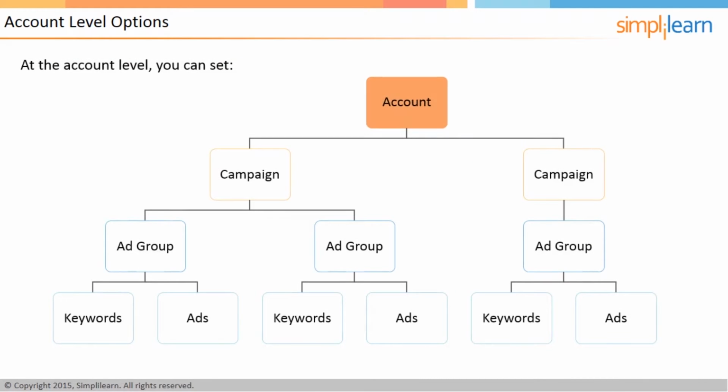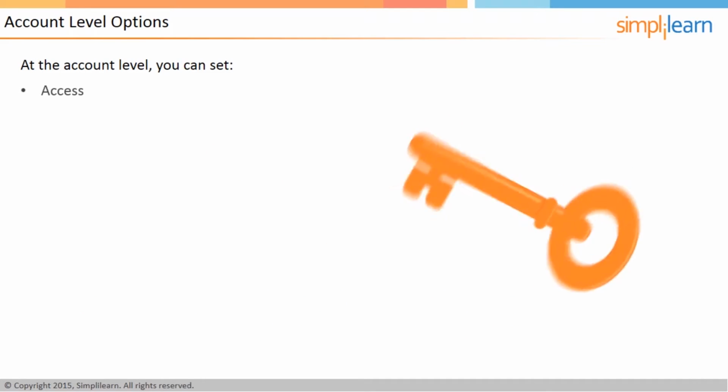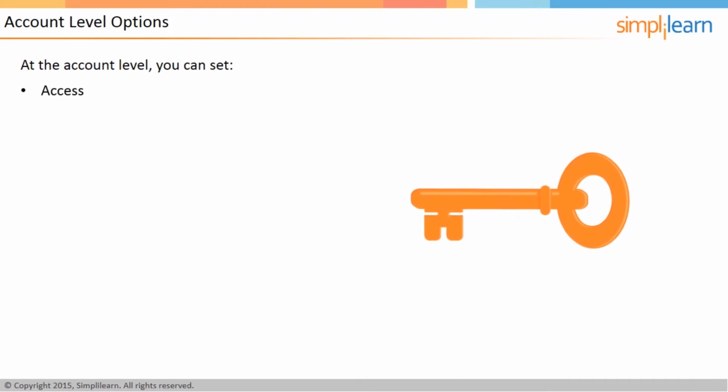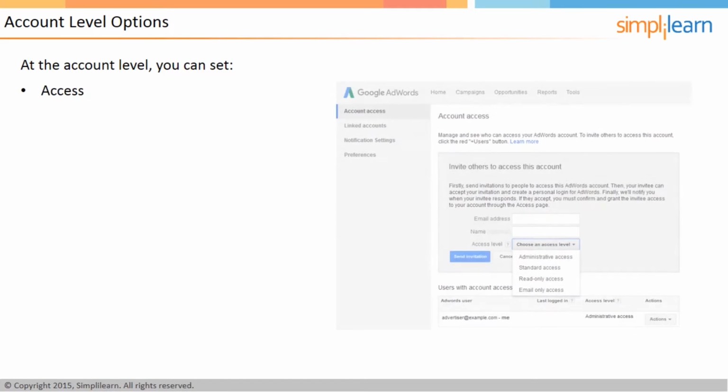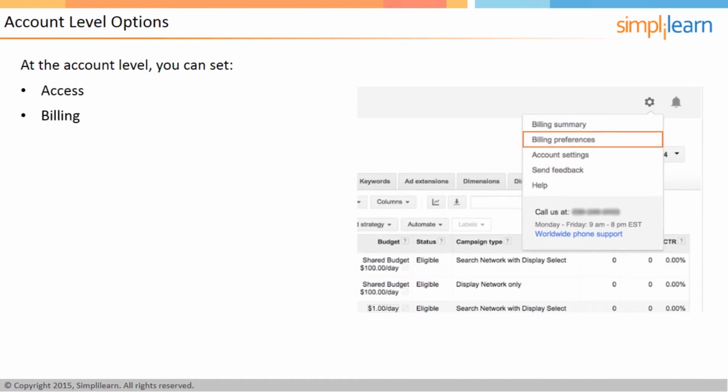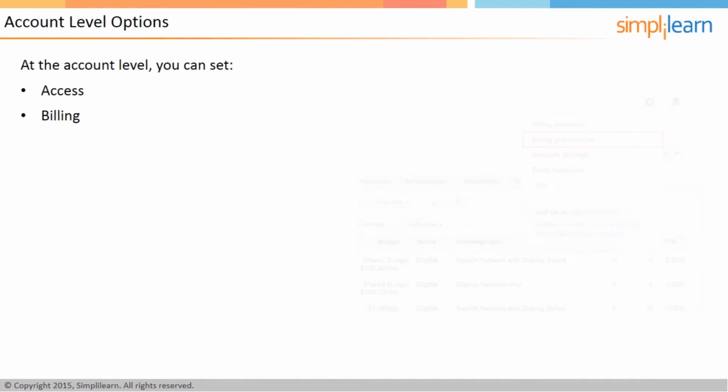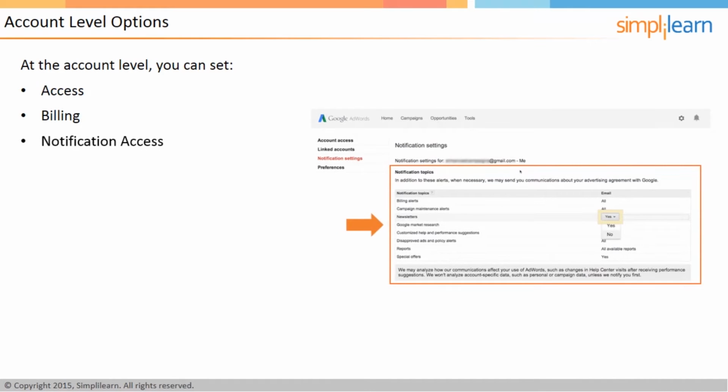At the account level, the options you're setting are who has access to the account. Everybody can have access. It just requires you to have a Google account, which can be connected to your email. Then emails are added to an account, and multiple people can have access. Your billing information is at the account level, as well as notification access: how often you get notifications and what those notifications are.